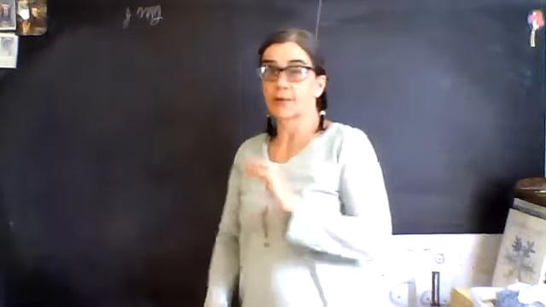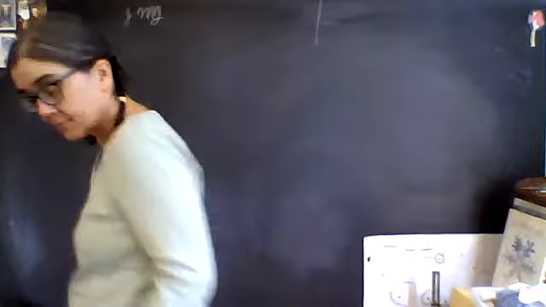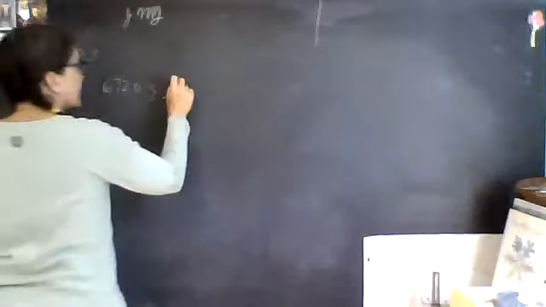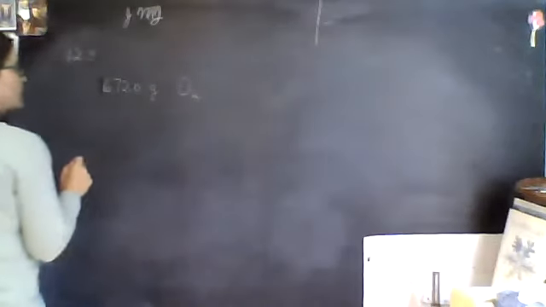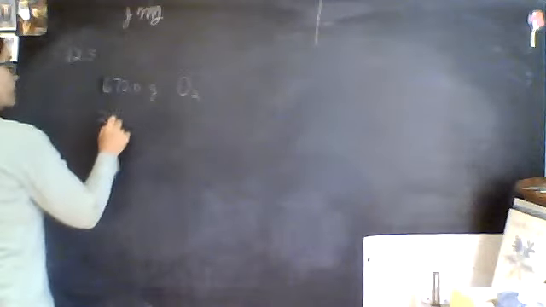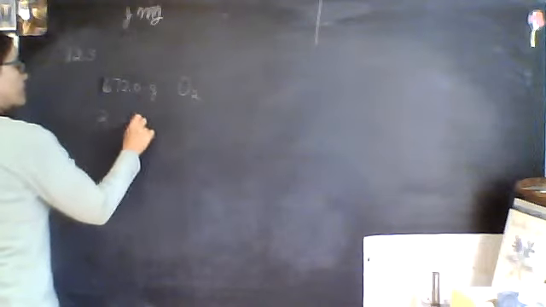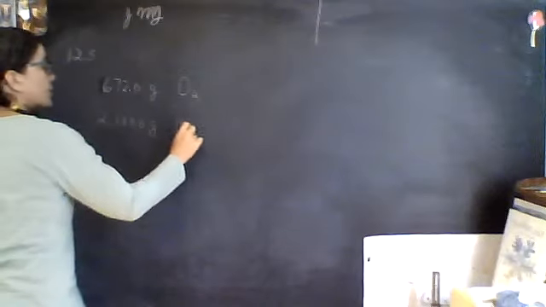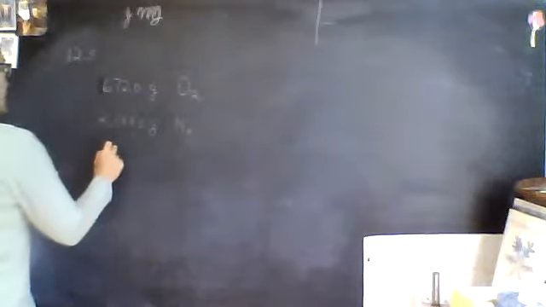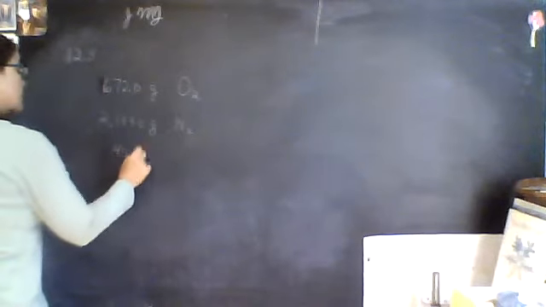Let's hear it, smarty man. So, oxygen. Read the problem. A tank of compressed air contains 672.0 grams of oxygen. Now, what is oxygen? It's a homonuclear diatomic, so it's O2. 2,184.0 grams of nitrogen, also a homonuclear diatomic, and 40.0 grams of argon, not a homonuclear diatomic.